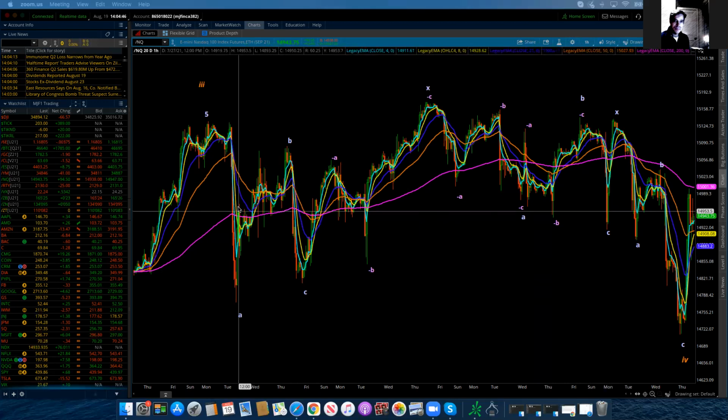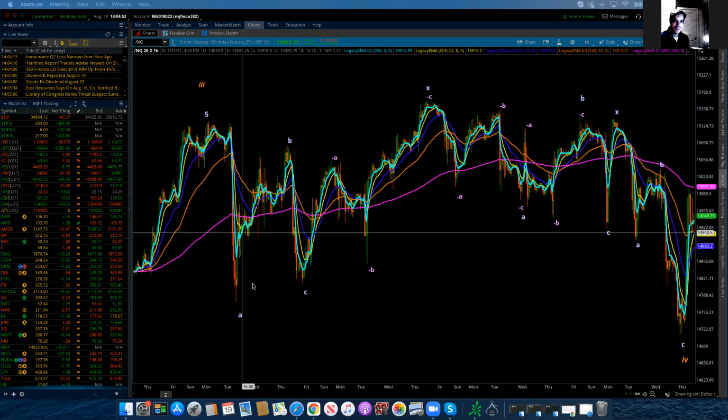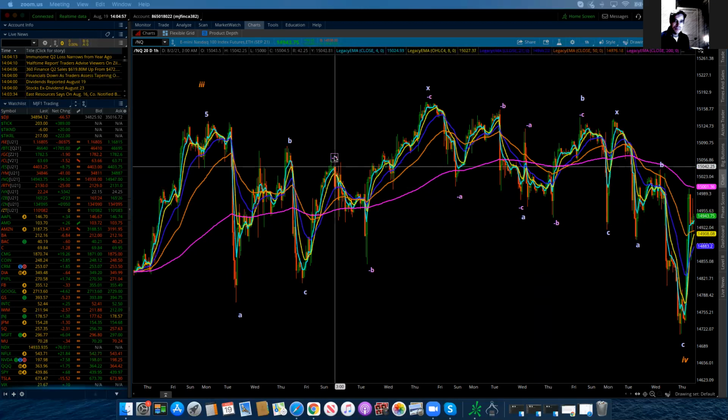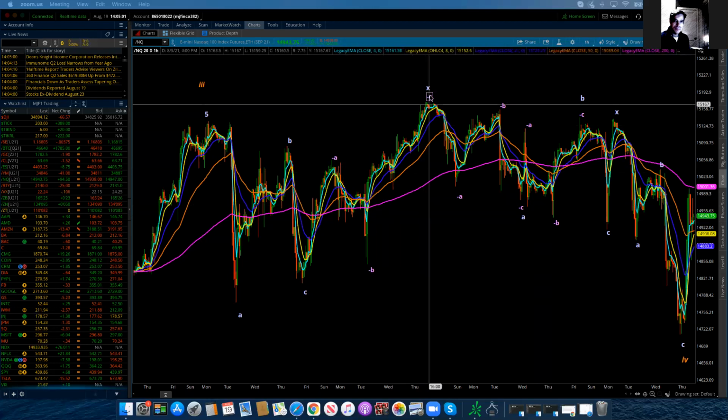So how is this all counted out? Again, this is assuming that the alternate view is in force. We have an A, a B, a C of a minute level, and then it subdivides into a subminute A, subminute B, subminute C for an X wave.